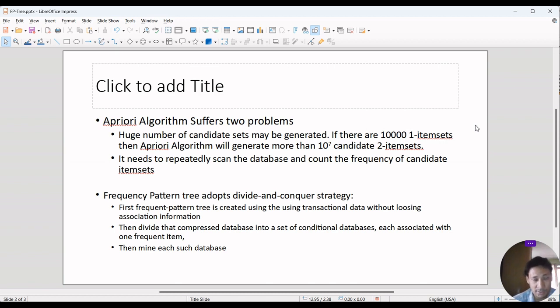Because of these two problems with Apriori algorithm, another algorithm was generated, that is the frequent pattern growth algorithm. In that algorithm, the database is scanned only once, and in the single scan of the database, a frequent pattern tree is created, and from that frequent pattern tree different patterns are generated.